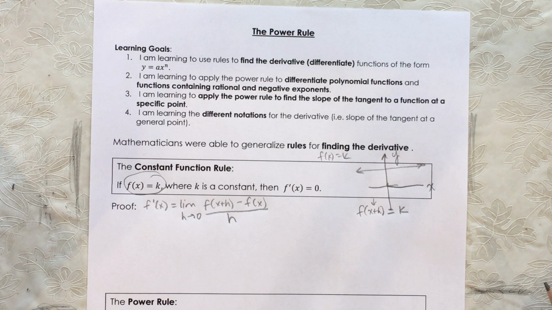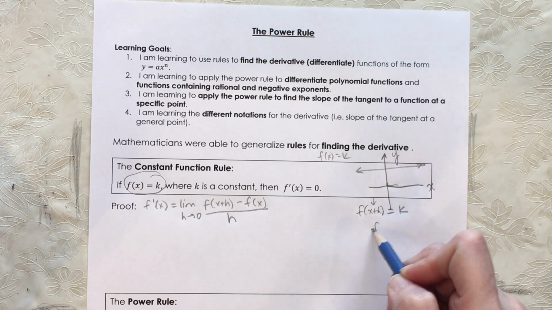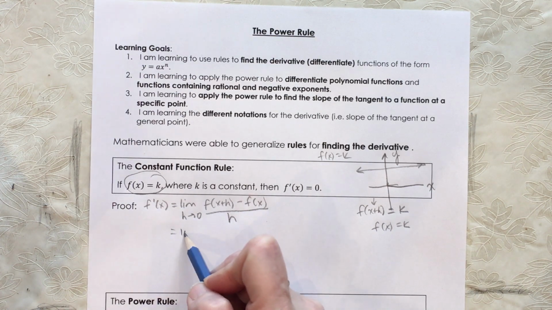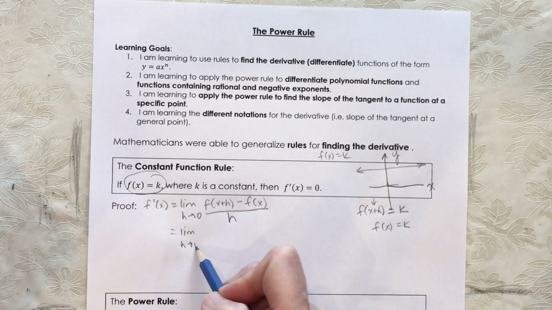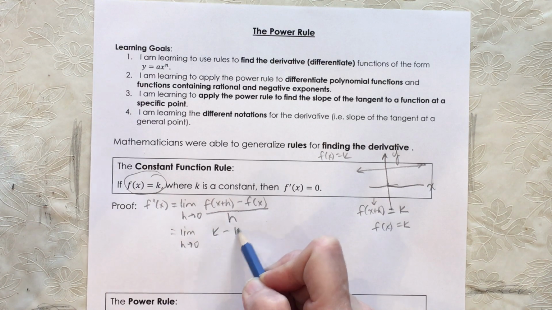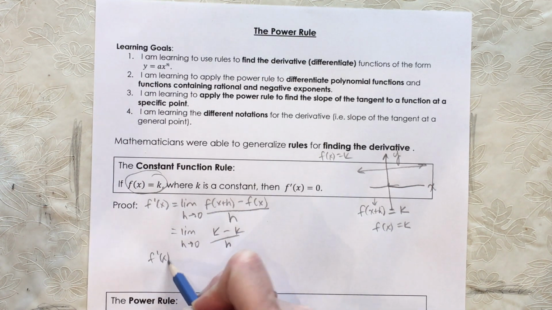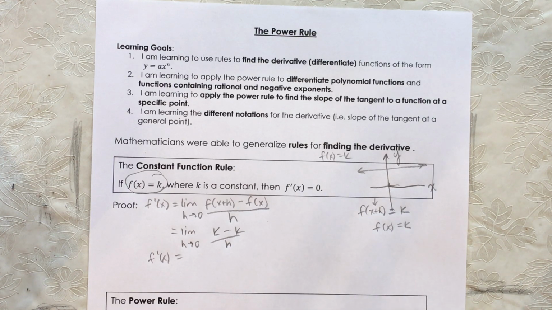Doesn't matter. Okay? So f at x plus h is k, f at x is also k, some constant. So when we sub those in, we're going to get k minus k over h, which is going to show us that f prime at x is, here's our 0 pair. So we just have 0 in the numerator, so the derivative is 0.